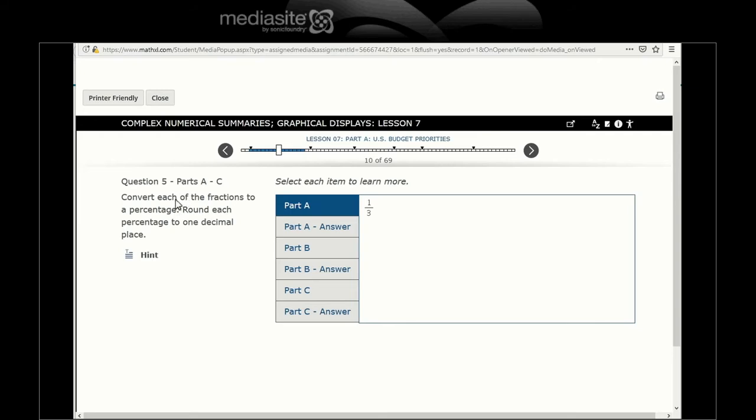Okay, convert each fraction to a percentage, rounding each percentage to one decimal place. An easy way of doing this is to first turn it into a decimal, then multiply by 100%.